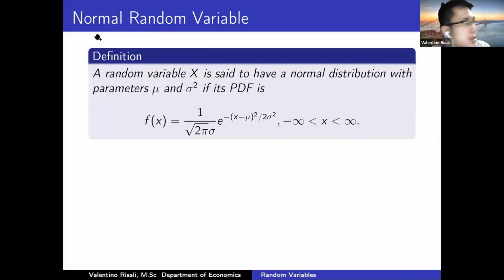And our last distribution is the normal random variable, a random variable with parameters mu and sigma square, or the mean and the variance, if its PDF is given by this formula. Yeah, this is a complex function, right, for the normal random variable.